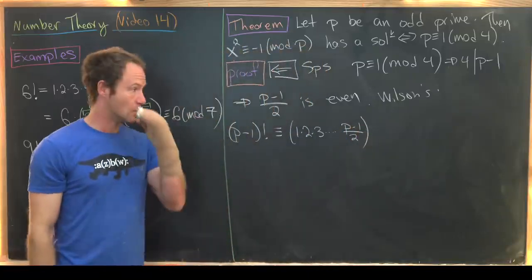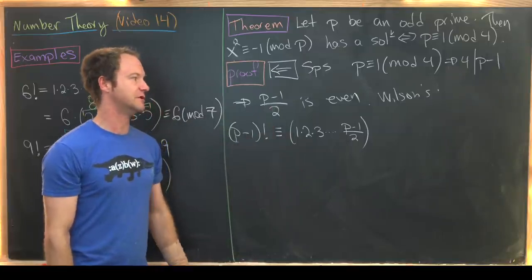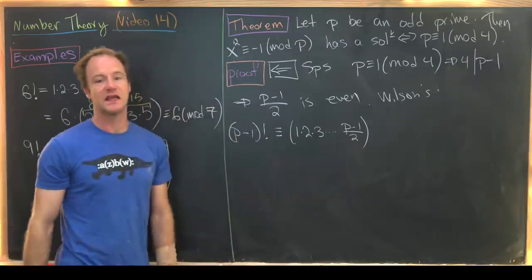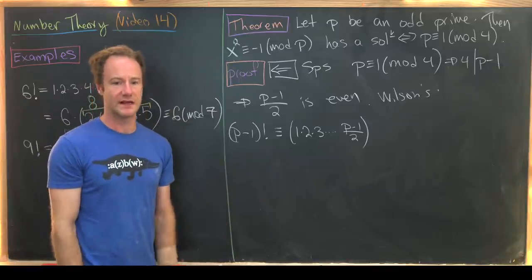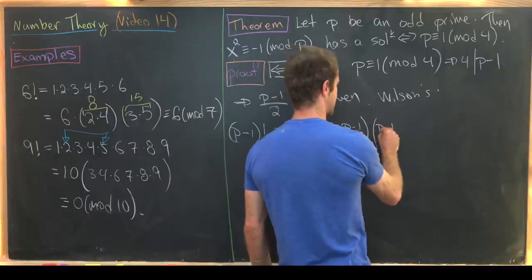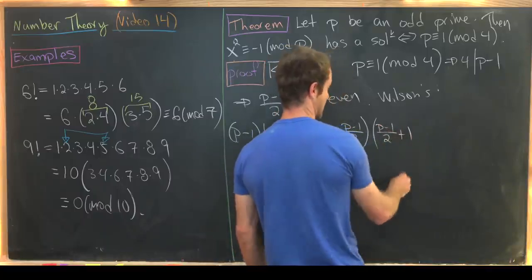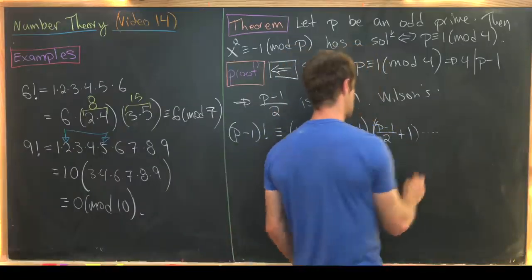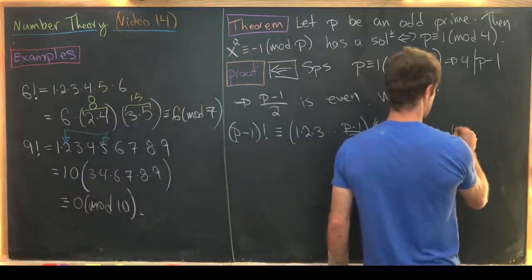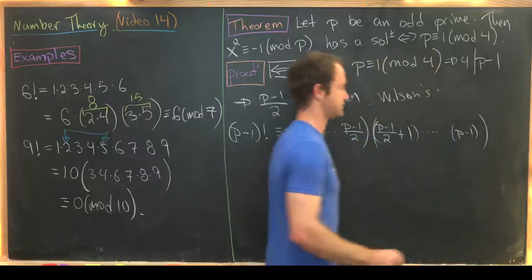Okay, so why did we need p minus 1 over 2 to be even? Well, that's because we wanted an even number of things in this product for what we're getting at. And then let's write the rest of the terms. So that'll be p minus 1 over 2 plus 1 times p minus 1 over 2 plus 2, ending at p minus 1.